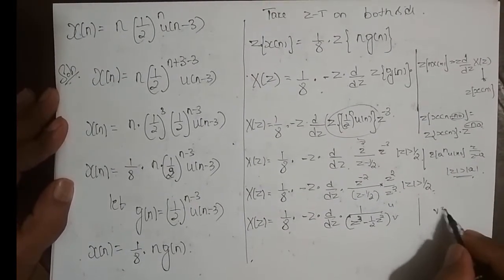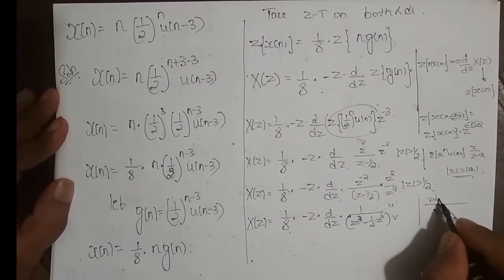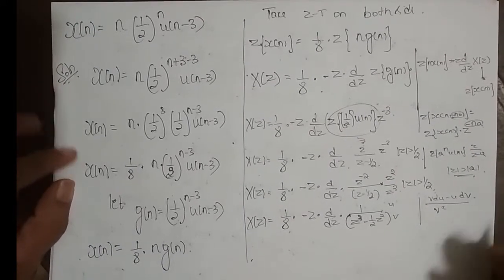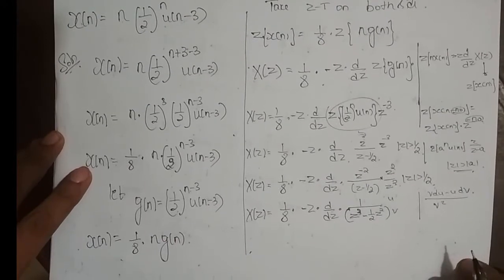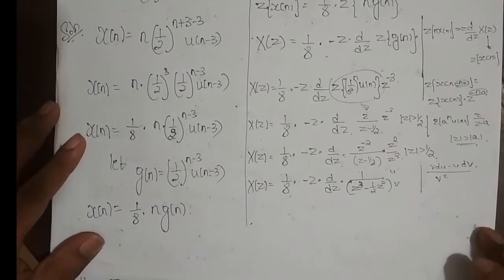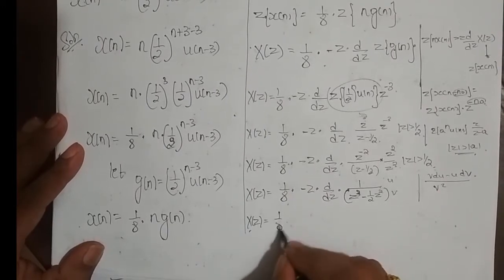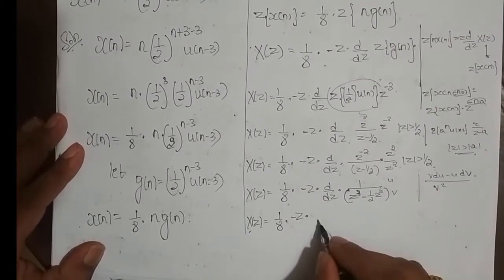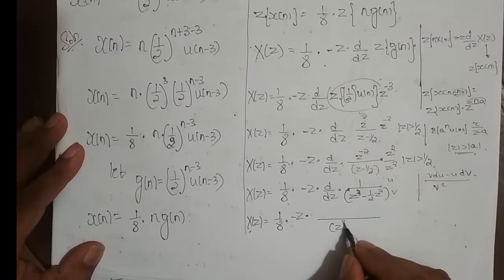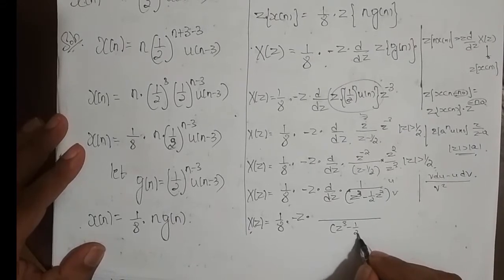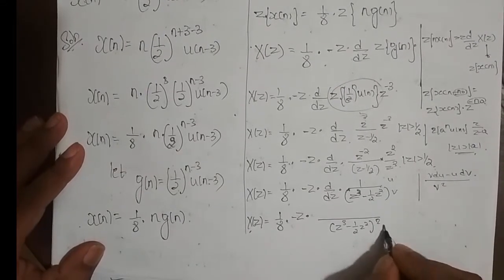What is that? V square, v differentiation of u minus u differentiation of v, right? So we'll differentiate it. So X of z is equal to 1 by 8 into minus z into, so v square is z cube minus 1 by 2 z square whole square.